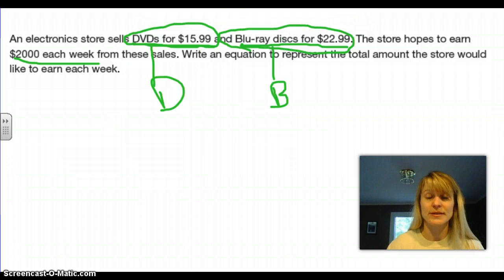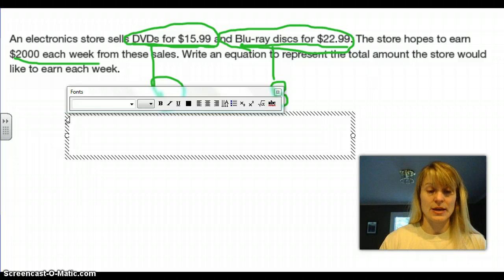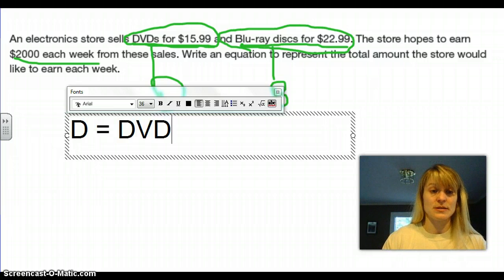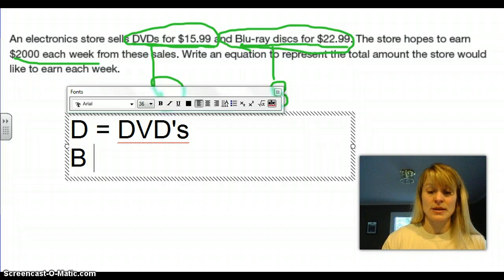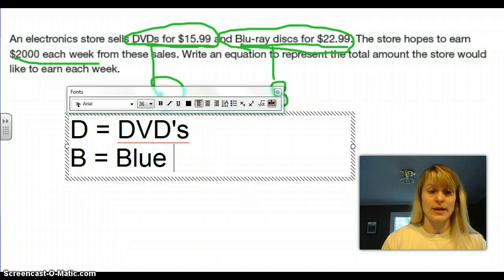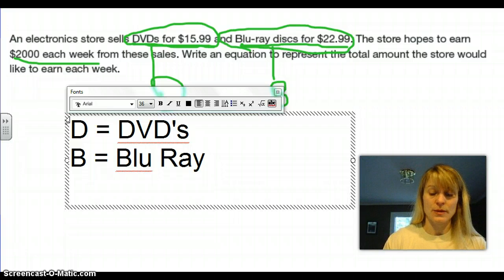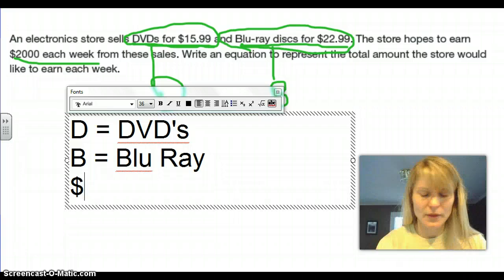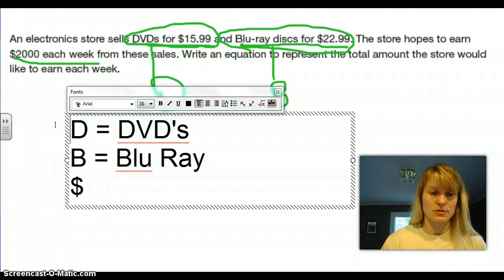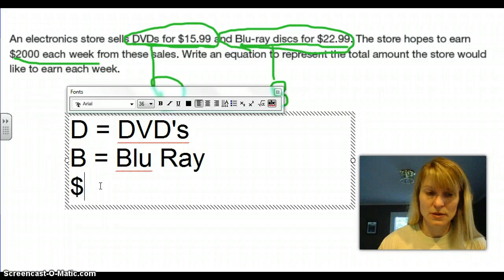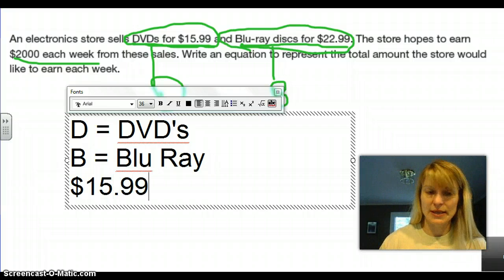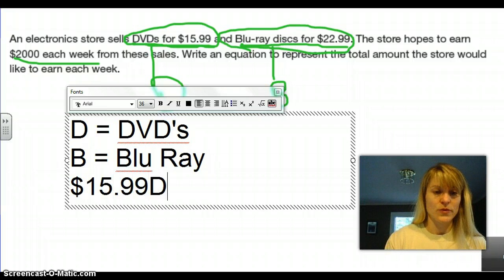when we write this equation, we want to first identify the variables. So we're going to say D stands for DVDs, and B stands for Blu-ray. Then we're going to come up with an equation, and we know it's $15.99 for every DVD.